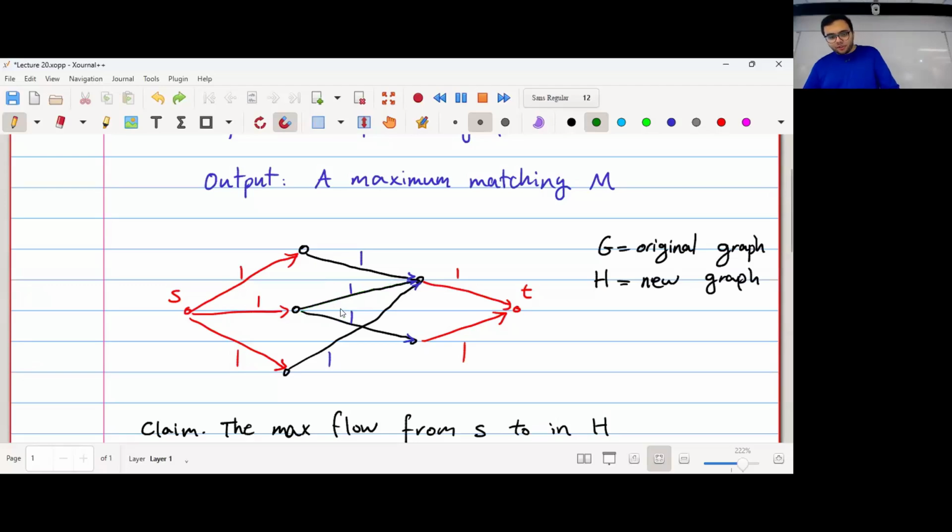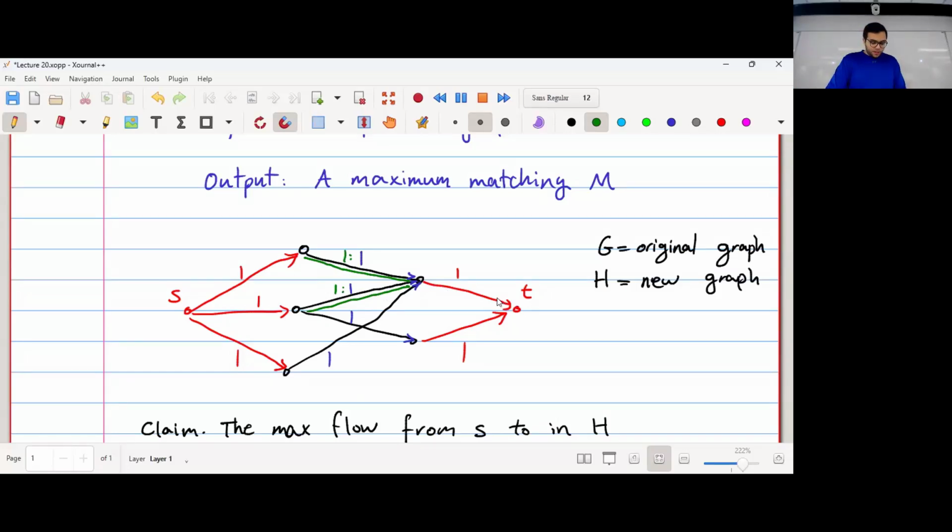Now I can say the same thing for the other side. Suppose that I have 2 edges used in my matching that share the right endpoint. So I have this edge, and let's say I'm sending, in my flow, not in my matching, a flow of 1 through this and a flow of 1 through this. Again, I have a problem with preservation of flow because 2 units of flow are coming into this vertex, but I can only send 1 unit of flow out.